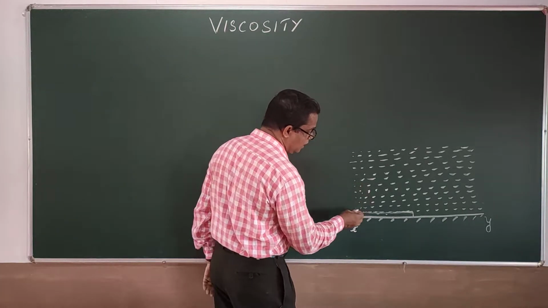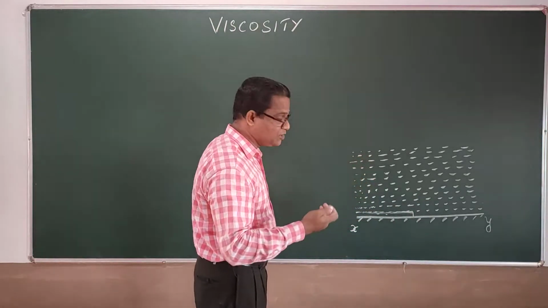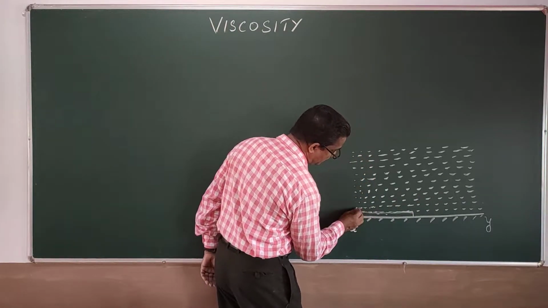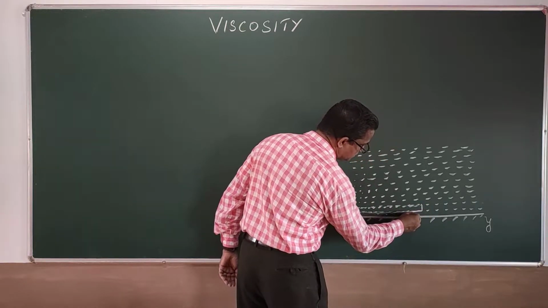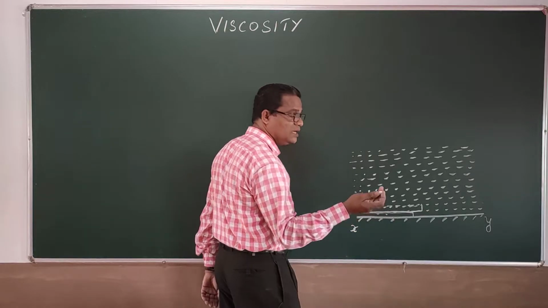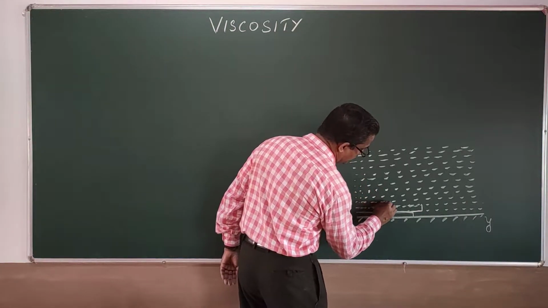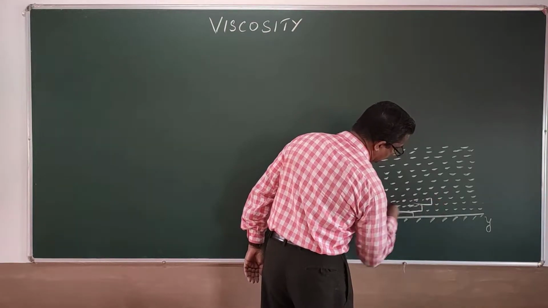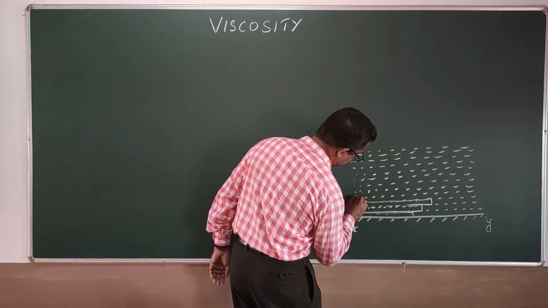Therefore, the molecules are not free to move above it, they are getting dragged by the slow moving particles, and that dragging will make the particles move with what? Little greater speed.